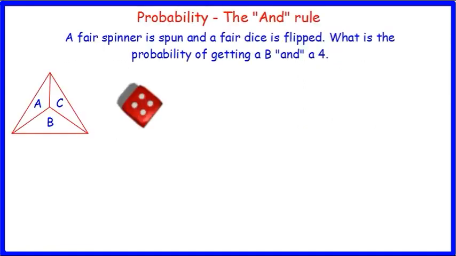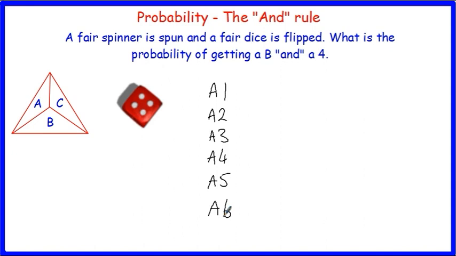Okay, so the AND rule. The first spinner is spun and a fair dice is flipped. What is the probability of getting a B and a 4? So a B on the spinner and a 4 on the dice. Okay, so I'm going to write out all my combinations. I'm going to start off with A. I'll get an A and a 1, an A and a 2, an A and a 3, an A and a 4, an A and a 5, an A and a 6.